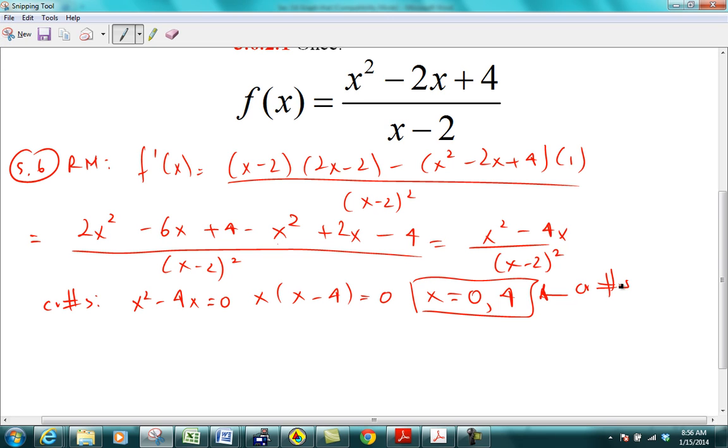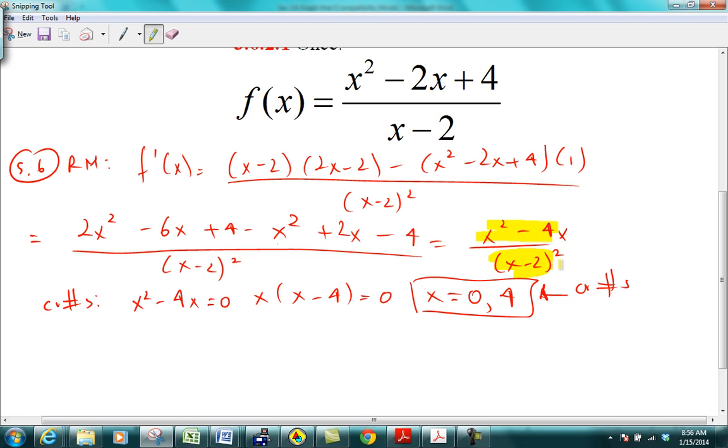Now, there are 2 ways of doing this. You could either do the first derivative test, or you could do the second derivative test. Now, we're going to need the second derivative for doing point of inflection. So why don't we just bite the bullet and do the second derivative of this. So remember, the first derivative is this guy here.